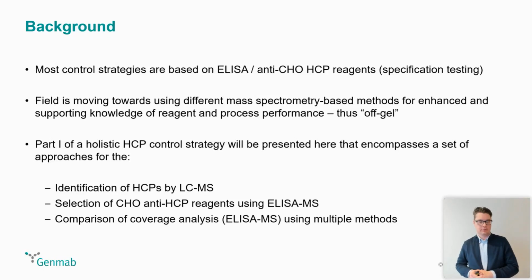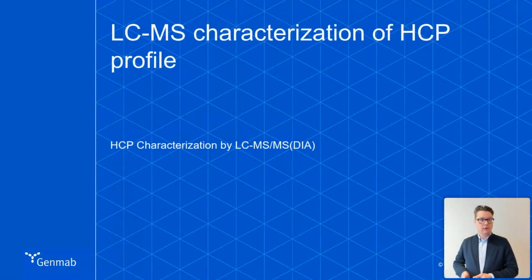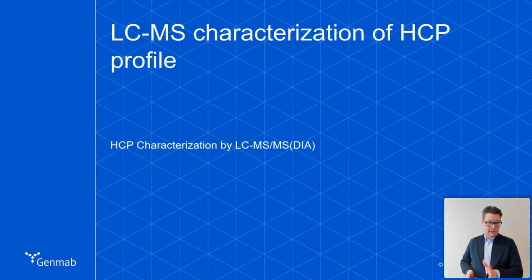I'll go into that a bit more. We also compared that ELISA-MS method to other methods to do coverage. I'll start out with this LC-MS characterization of what we call an HCP profile.